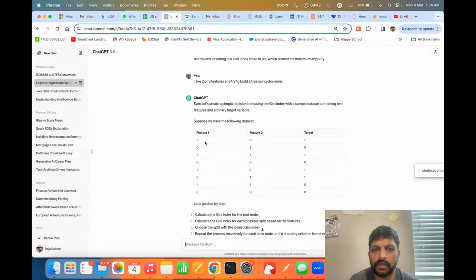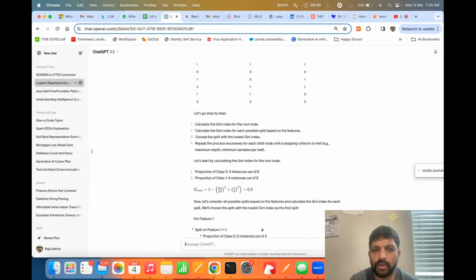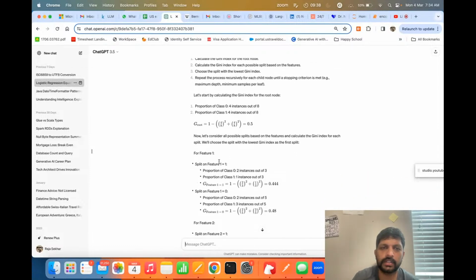Feature is equal to 1 is again 1, 2, 3, 4. Something wrong with this calculation is what I'm thinking. Okay, let's see. So it will become 3 by 4 and 1 by 4. It should be like this, 3 by 4, 1 by 4 for each node. For each node you're supposed to have two nodes.